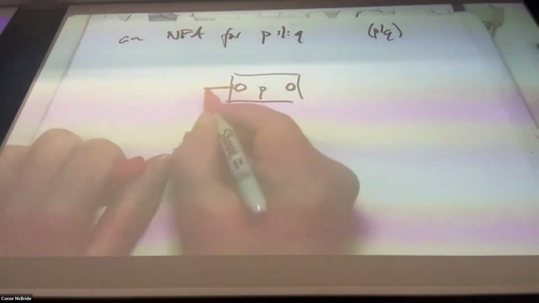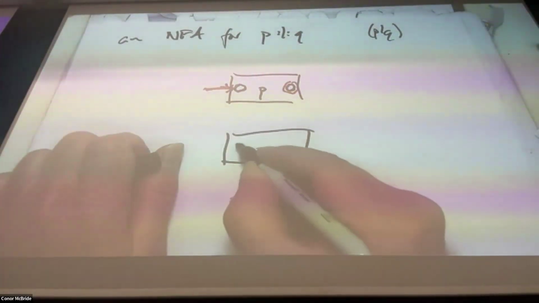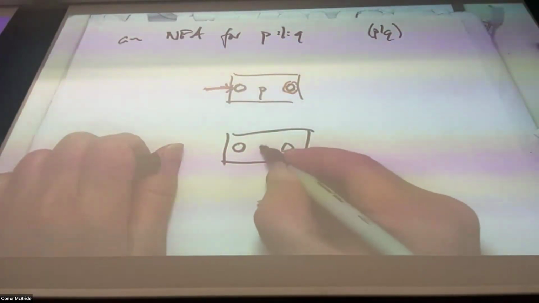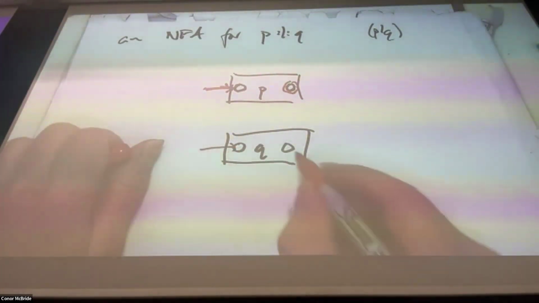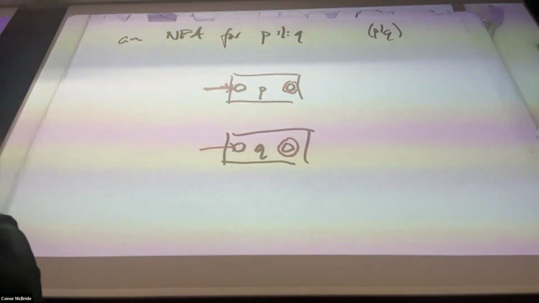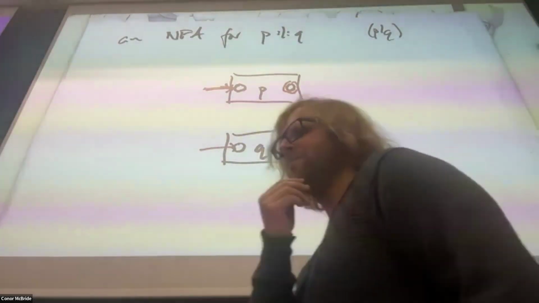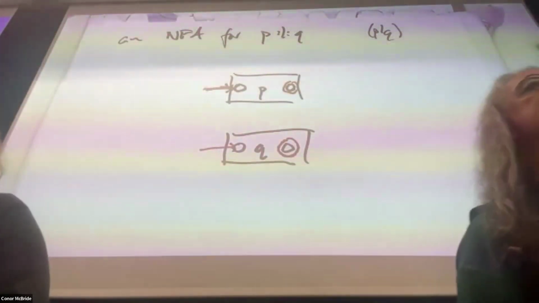Oh, I shouldn't have colored that in pink. I will color it in orange instead. Start state and an accepting state. And I will also chuck in an automaton that recognizes Q with a start state and an accepting state. And I want Fred to complete the job, to take those two components and make one that actually does P or Q.